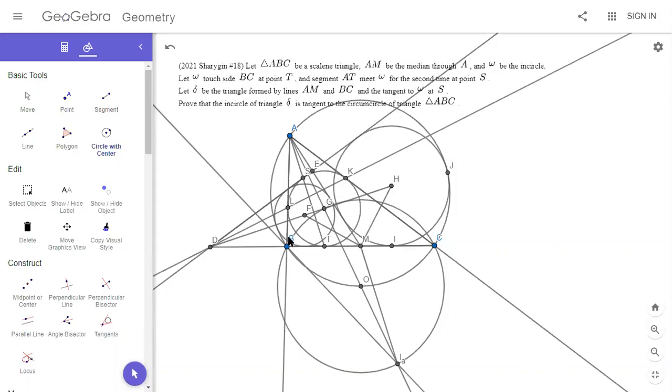So IAM is parallel to AT. And so it's perpendicular to FH.